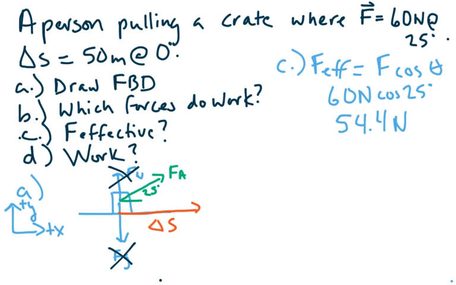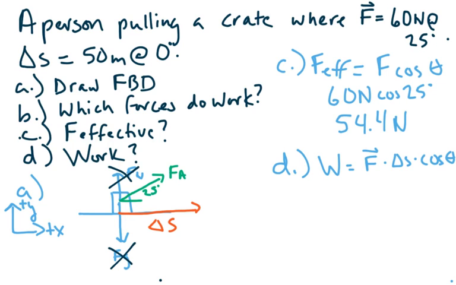Once I have that force, I can calculate the amount of work required. What we did here was break the problem down. We could have very easily put all of this in one equation, with work being equal to F times the displacement times the cos of the angle.